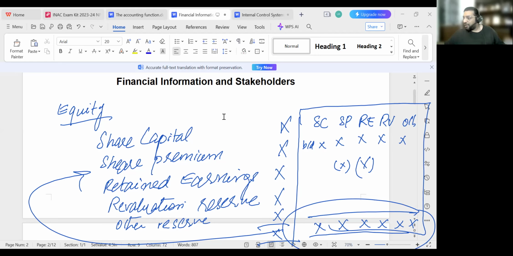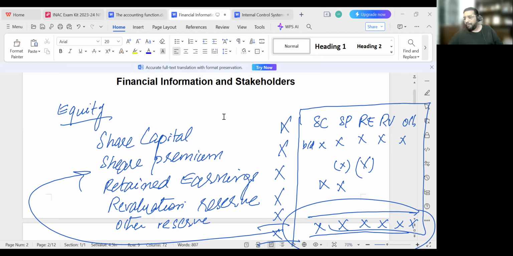So you would show the addition in share capital and share premium. If you made a revaluation reserve, you would show that in your statement of changes in equity, right?